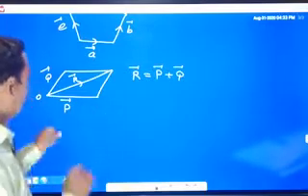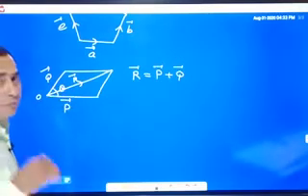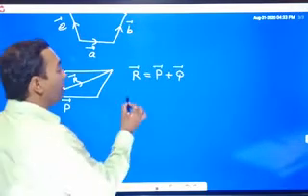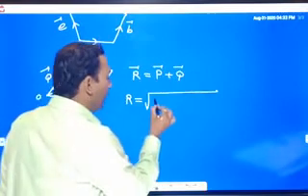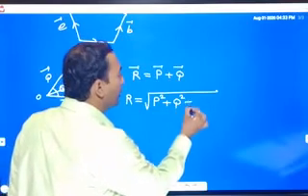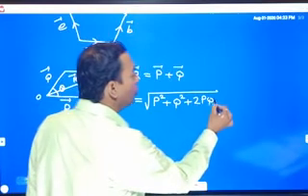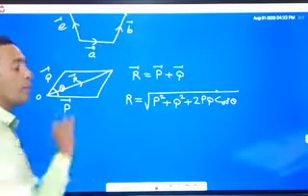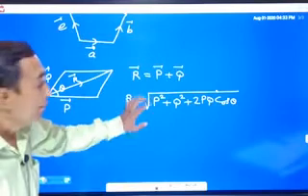Here, if the angle between P and Q is theta, then in tomorrow's class we will prove the value of R. R equals the square root of P square plus Q square plus 2PQ cos theta. Today you have to write this formula directly, and tomorrow we will prove it.